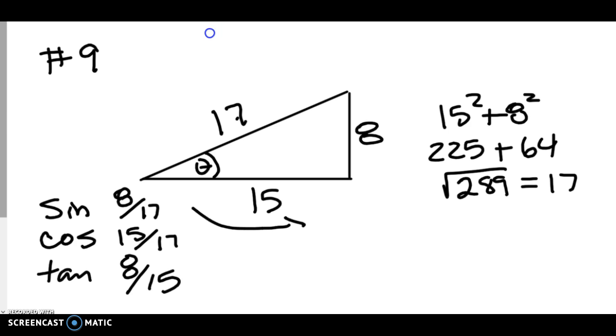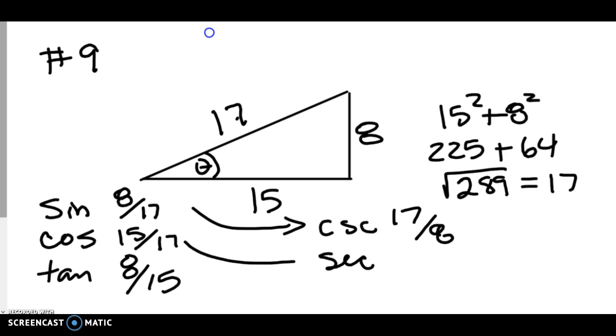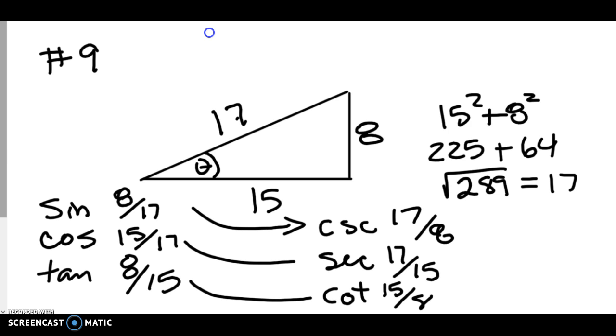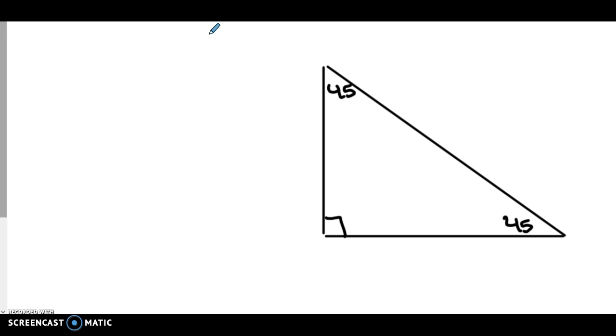Now, quick and easy, cosecant, we're just going to take the reciprocal, 17/8, secant, reciprocal of cosine, 17/15, and cotangent, 15/8.